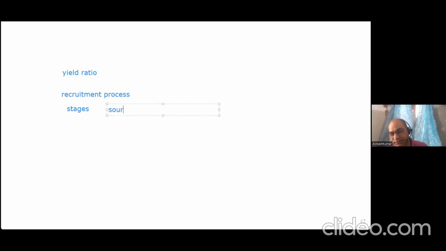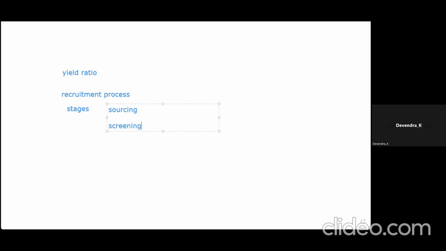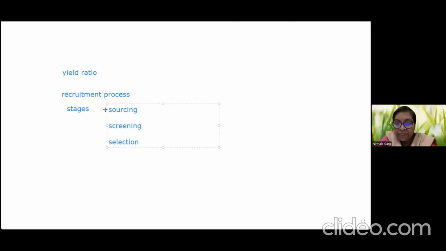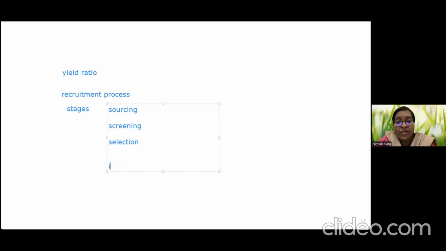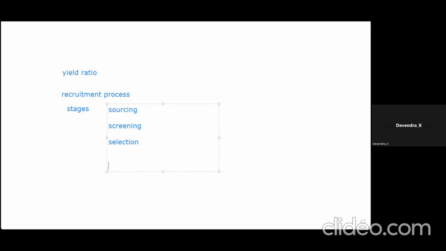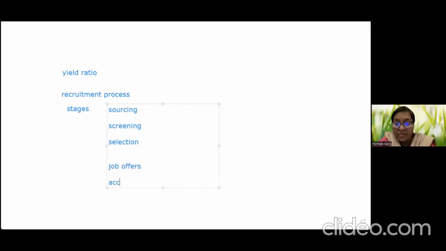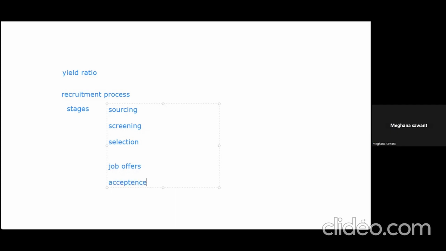Sourcing, screening, interviewing, selection, negotiation, job offer, acceptance, and then joining.